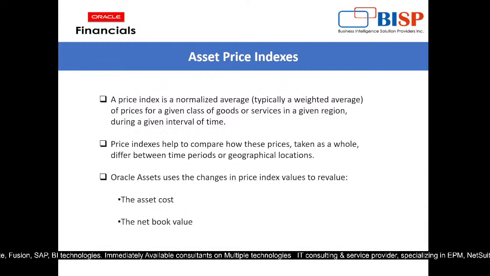Price index helps you to compare how these prices taken as a whole differ between time periods or geographical locations. Oracle Assets uses the changes in price index value to revalue the asset cost or the net book value.